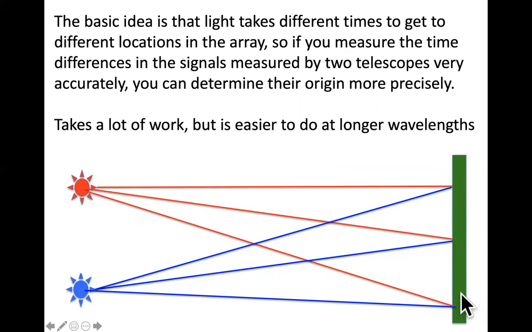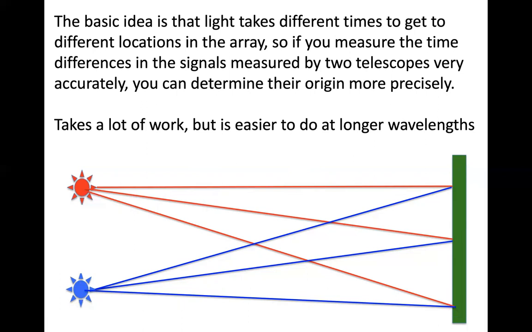This one, the time delay is in the opposite direction. This ray is a longer distance than this ray. So the oscillations here occur before the oscillations here. So if you're able to do the appropriate analysis, you can actually start to pull apart objects that you couldn't otherwise do by comparing the observations made at different locations.